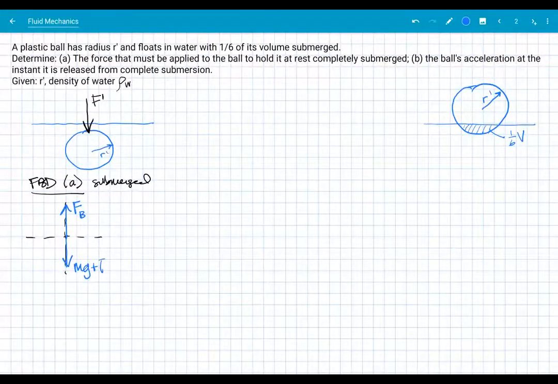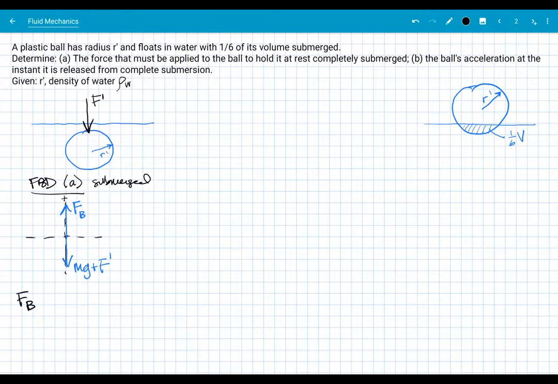And then I have this applied force that I'm calling F prime here, right? And we're just holding it at rest down there, so there's not going to be any acceleration going on here. This is just you pushing the ball under the water and holding it there. Okay, so with that information, we can sum everything up. Use Newton's second law here.